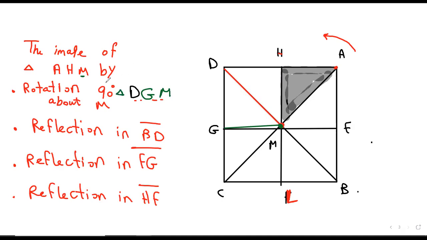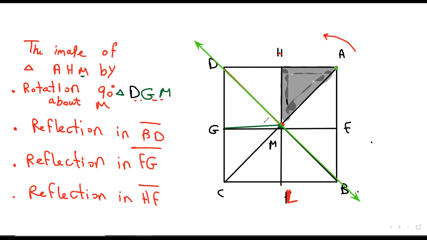If I want to find the image of AHM by reflection in BD, we need to know where the line of reflection is. Here it's BD, so draw a line here.